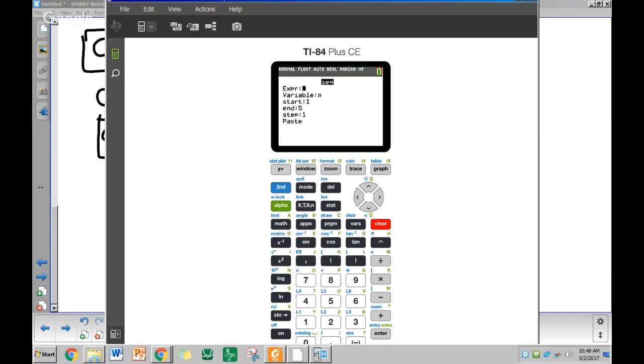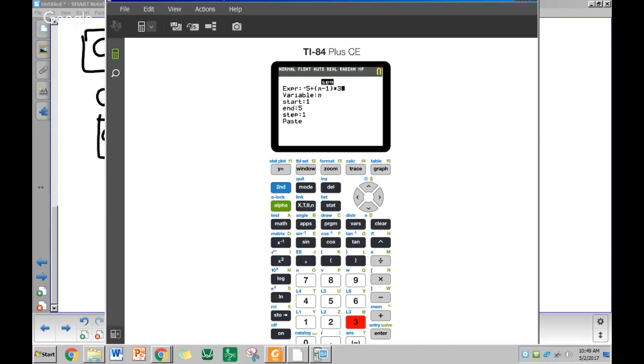All right, so I'm going to type this in, -5 plus parentheses. Now what happens when you hit the X key? You get n because that's sequence mode. N minus 1, you have to go alpha n. Times 3.